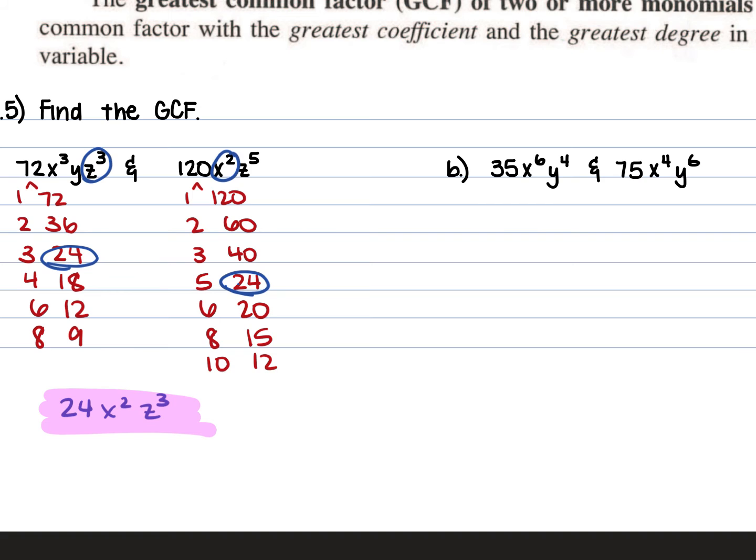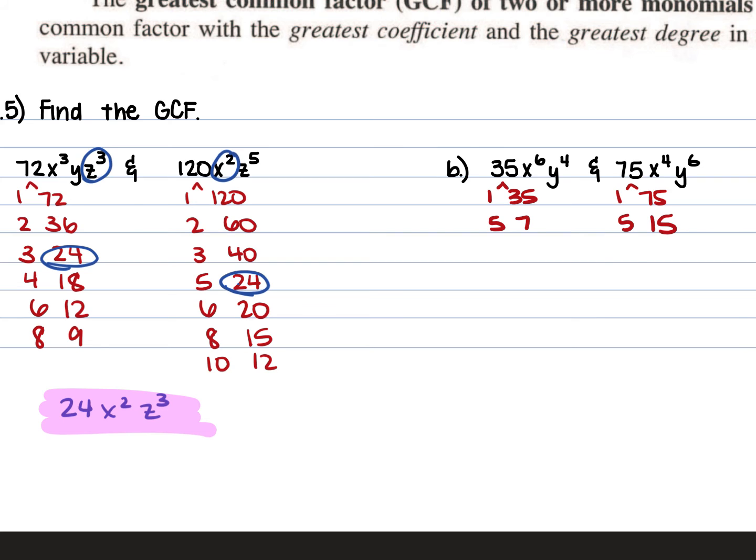For example, B, we're given 35x to the sixth power, y to the fourth power, and 75x to the fourth power, y to the sixth power. For this one, that 35 is 1 and 35, as well as 5 and 7. The 75, we have 1 and 75. 5 goes into 75 fifteen times, 5 goes into 25 5 times.